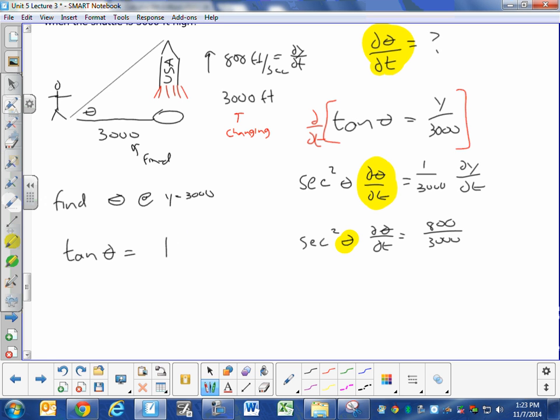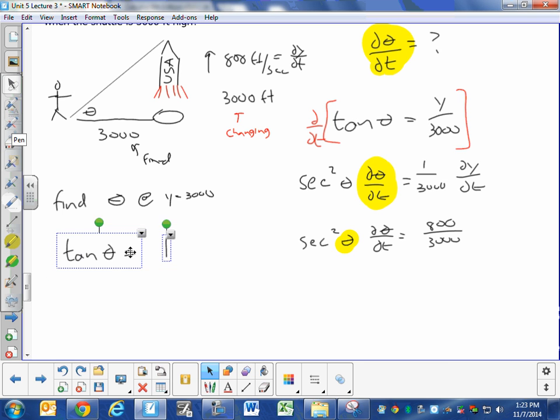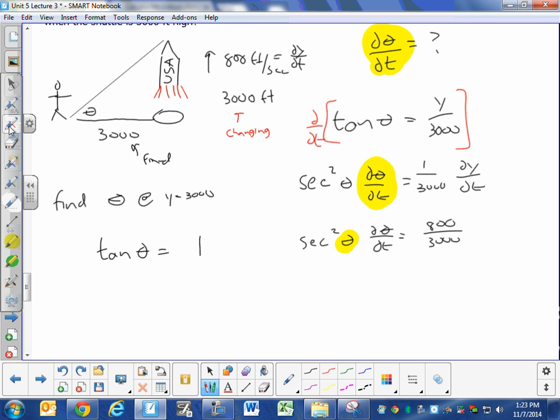Now, how do I solve for theta here? Inverse tangent of both sides. Exactly. So you go tan inverse or arctan of both sides. Tan inverse of tan is just theta equals tan inverse of 1.